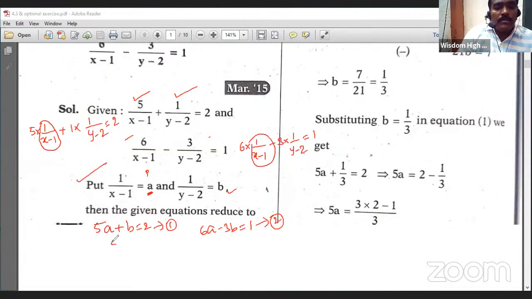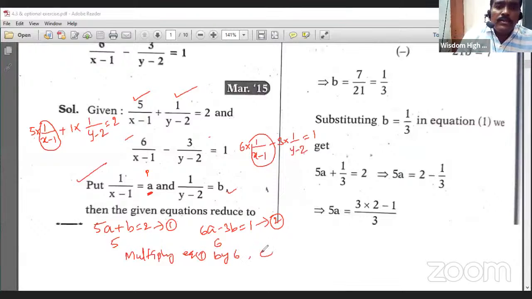Here 5 is the coefficient, here 6 is the coefficient. This is a simple way. Now we have to do one thing: multiply equation 1 by 6. Very easy, students. Concentrate and try to remember.